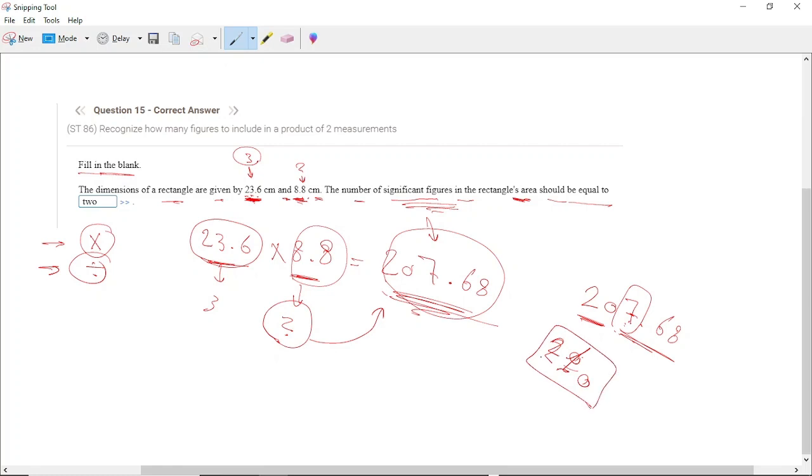So the answer here will be 210. But the significant figures will be 2, because when you get 210, how many significant figures are there? It's only 2, because 0 is a trailing number and there is no decimal point, so it is non-significant. So the answer will be 2.